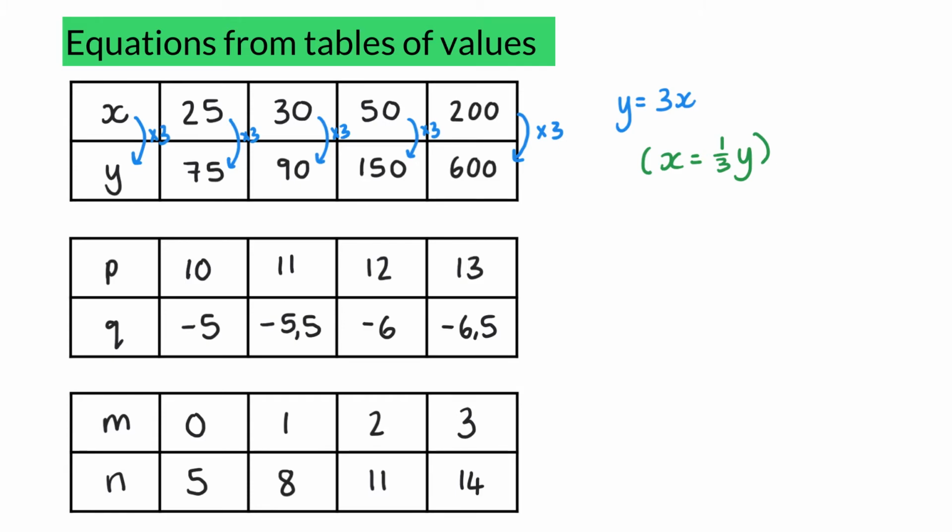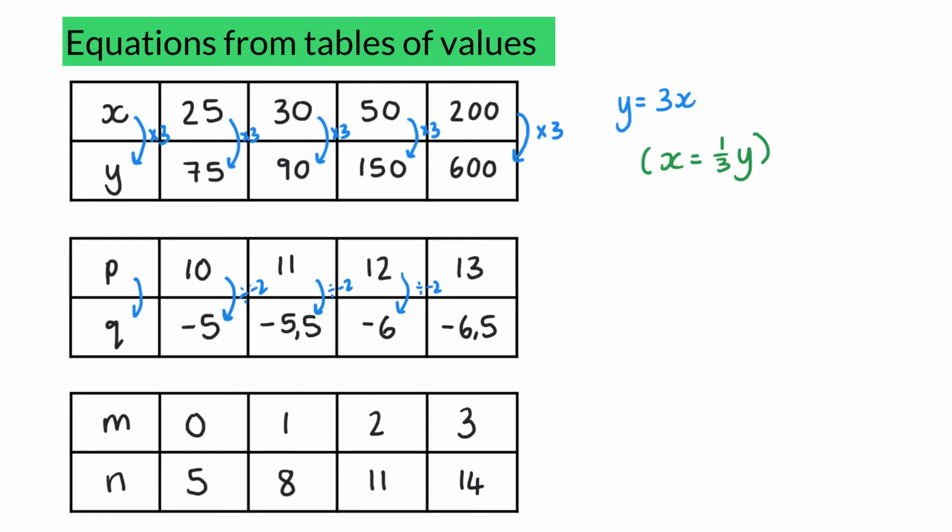In the next table, going from P to Q, in the first one, it seems that I'm dividing by not 2, but negative 2. 10 divided by negative 2. 11 divided by negative 2 is 5.5. 12 divided by negative 2 is 6.